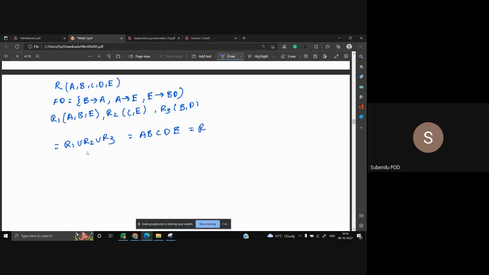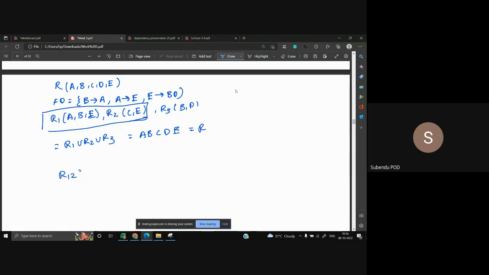Now we have to check whether these two relations form a lossless join decomposition or not. We can say that E is the common attribute, right? Let's name the temporary relation R12, and you have to find whether E is the key in either the R1 table or the R2 table.